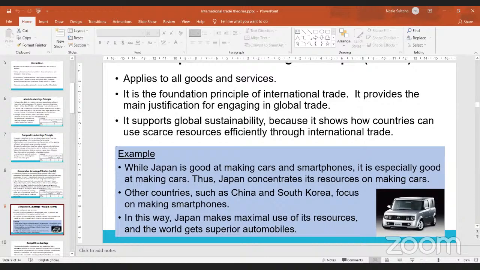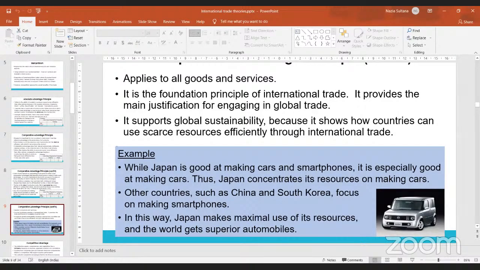Then there are countries like China and Korea who are very good at making smartphones. So let Japan make use of its resources to get the best automobiles to the world, and let Korea concentrate on producing smartphones to get the best smartphones to the world.